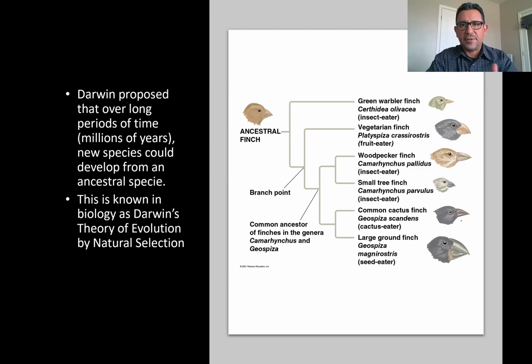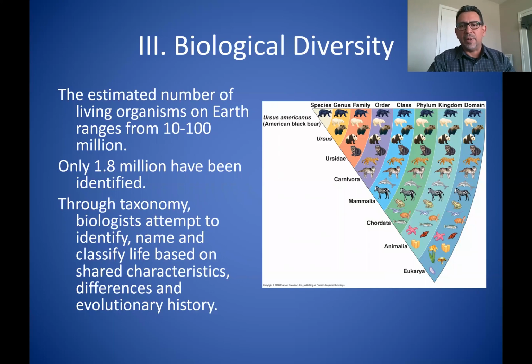And so that is Darwin's theory of evolution through the process of natural selection. And it is what many people in biology propose can be an explanation for the diversity of all the different kinds of things you see on this planet.